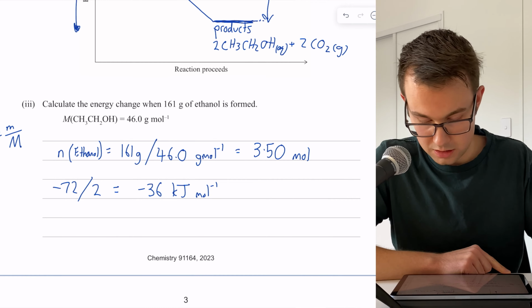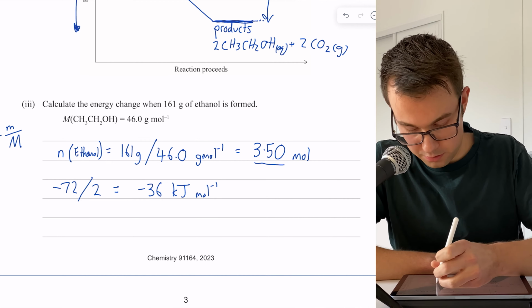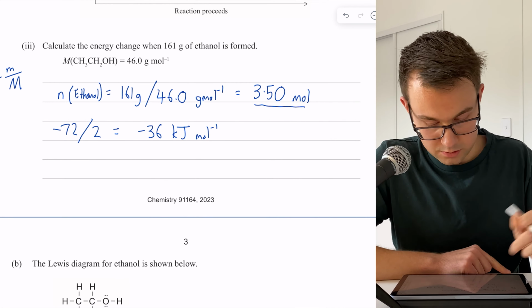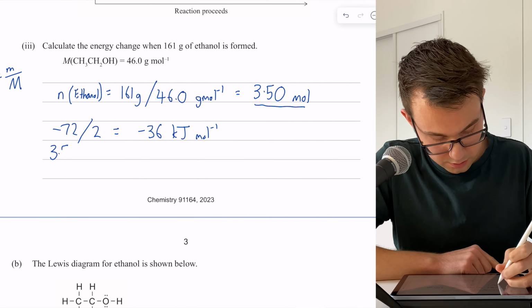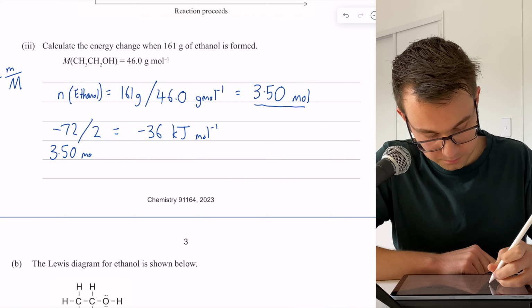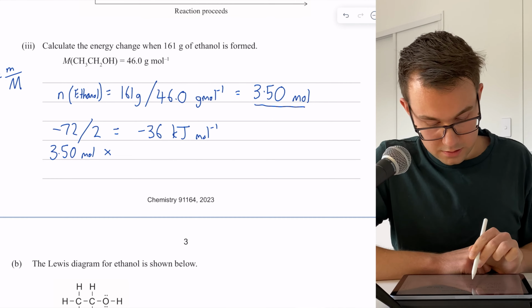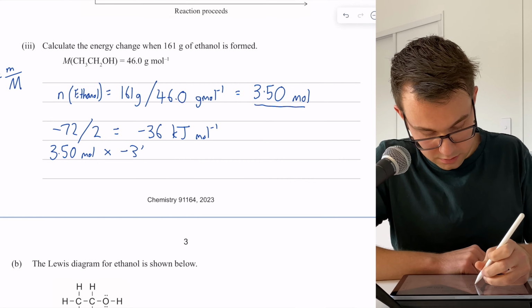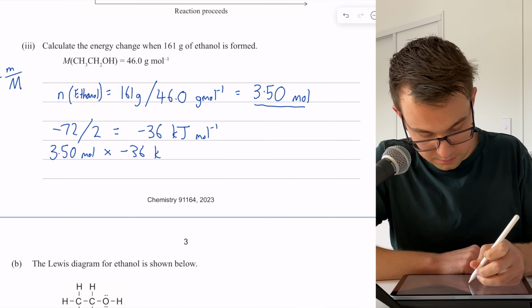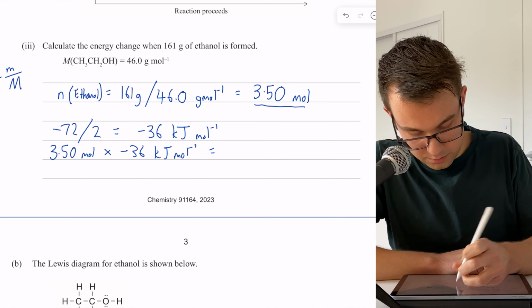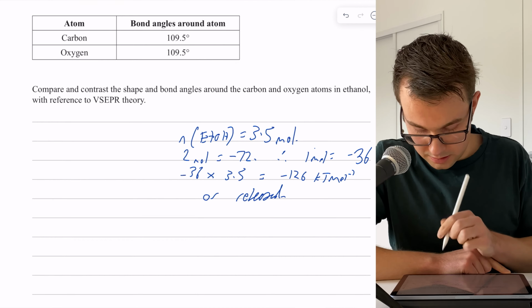Incredible. But do we have 1 mole of ethanol? No, we don't. We have 3.5 moles of ethanol. So all we have to do here is go 3.5 moles times negative 36 kilojoules per mole. Okay, and what does that equal? Let's just have a little look.